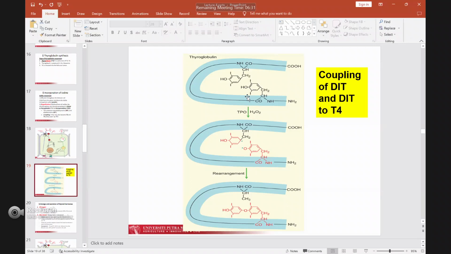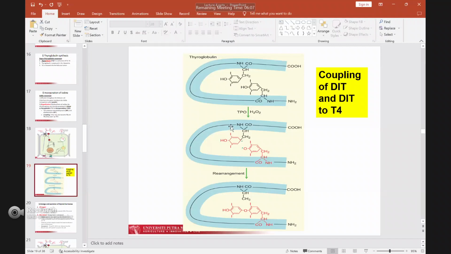Depending on how many iodines are attached to the tyrosine, it can be MIT or DIT, monoiodotyrosine or diiodotyrosine. For this particular example, we have two DIT, two tyrosines that are each attached to two iodines.